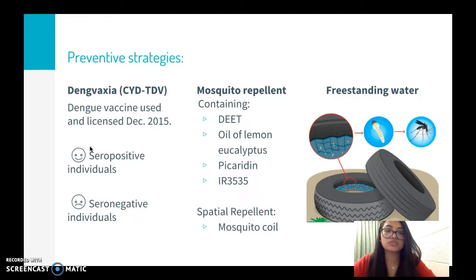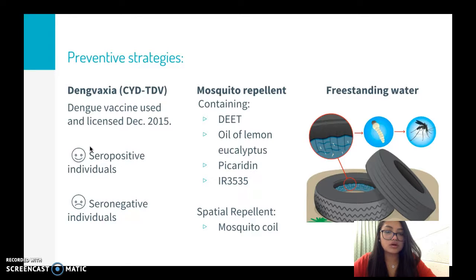It has been shown in clinical trials to be effective for seropositive individuals. These are individuals that have been infected by any of the 4 serotypes of the dengue virus. For seronegative individuals, it has been seen to increase the risk of severe dengue if they get a natural infection after the vaccination. That's why pre-vaccination screening is required.